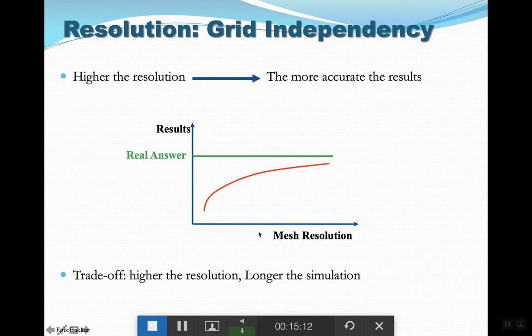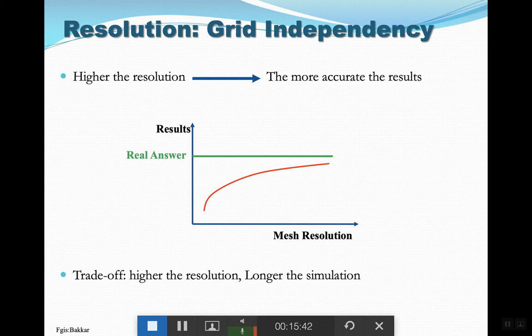As you increase the mesh resolution, you are increasing the accuracy, getting closer to the real answer, and closer to grid independency. So higher resolution means a more accurate result and better grid independency.